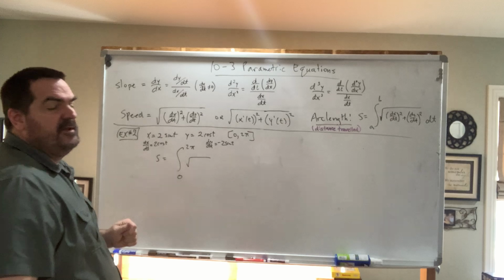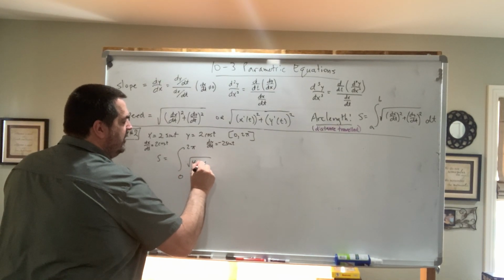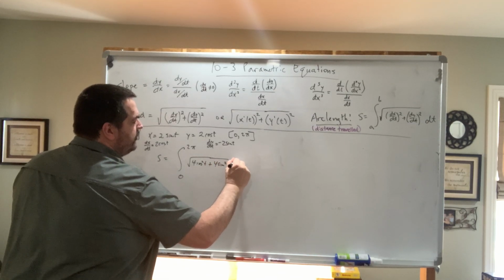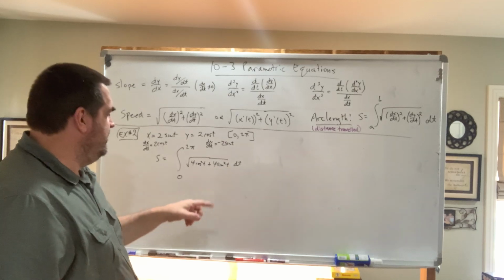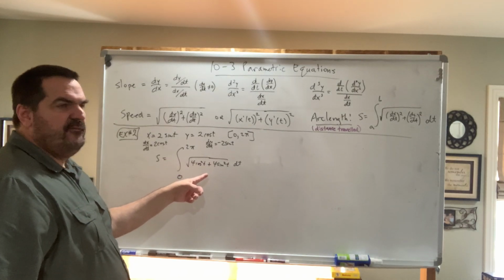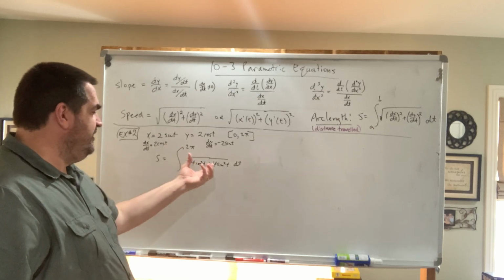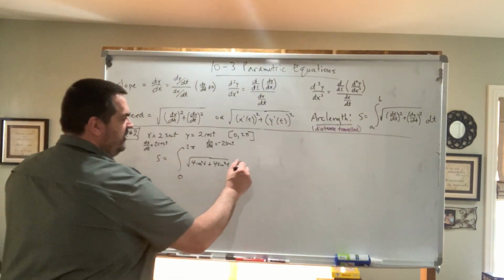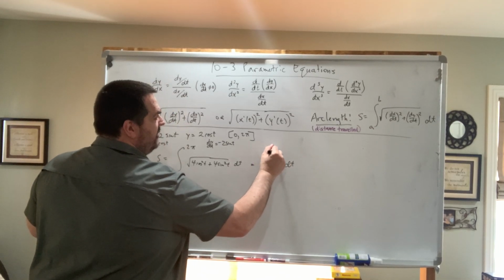Not a big deal. So dx/dt squared is 4 cosine squared plus 4 sine squared. And we could punch it in our calculator and get the arc length, but I'm going to show it by hand. I could factor out a 4 here, and sine squared plus cosine squared is 1. So I'll actually just have square root of 4 here, or 2. So this is really the integral of 2 from 0 to 2 pi.